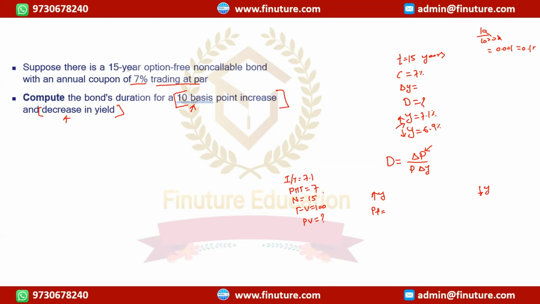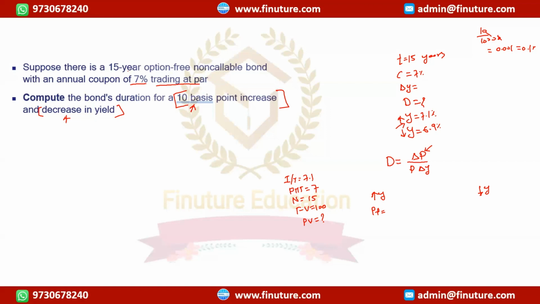I see that, but why do we assume 100? Or is it always the assumption that if we're not given the future value and it's a par bond, then FV is 100? Yes, future value is 100. It's a definition of the bond.